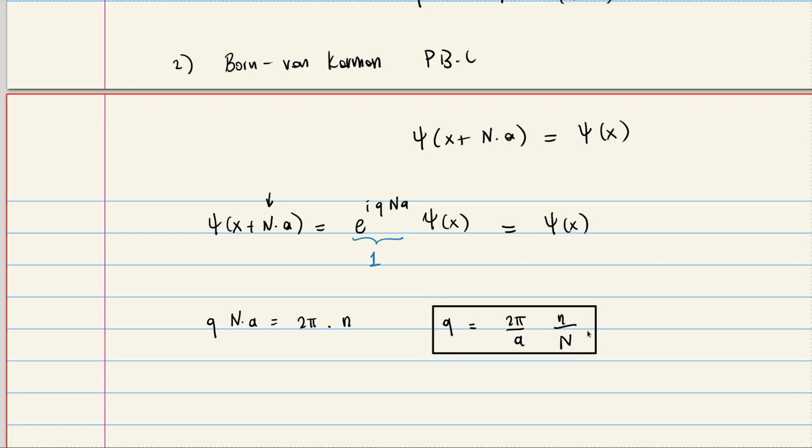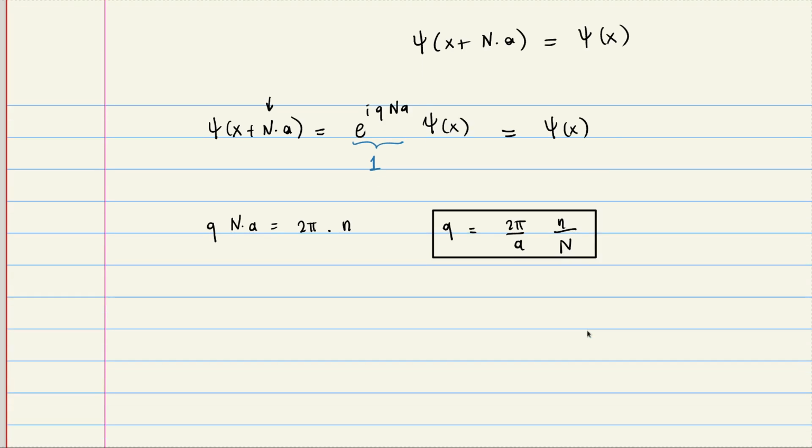Good. But if you look at this, let's look at this q times N times a, which is equal to this thing, 2 pi over a times n over N times N a.